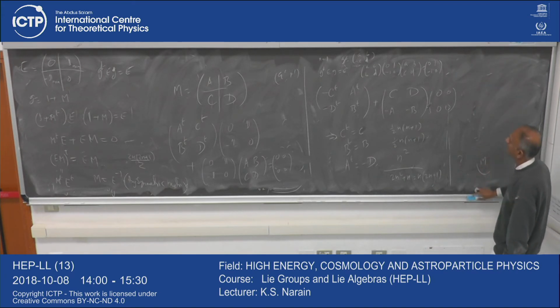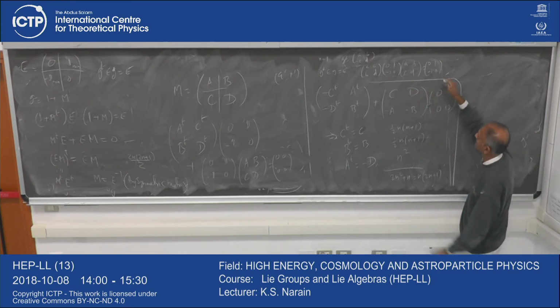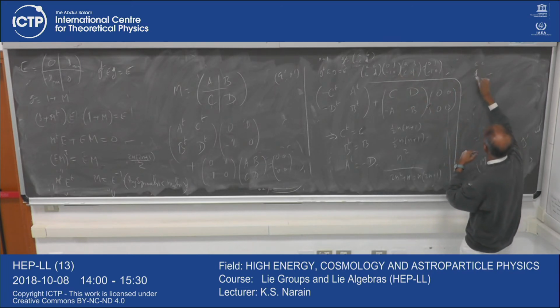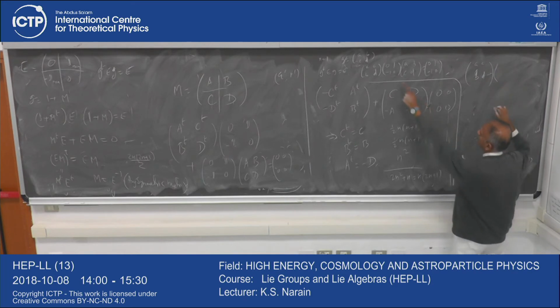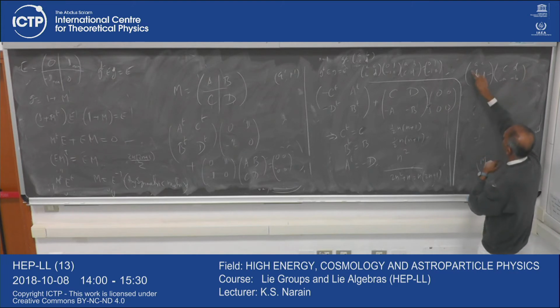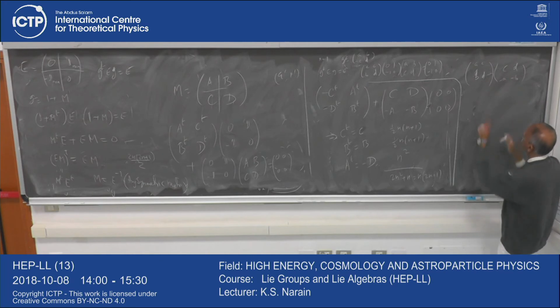Now if I just open this up, on the left hand side I first multiply this one: we have AC, BD times 0, 1, minus 1, 0, which gives C, D, minus A, minus B. Multiplying this out, you see this entry is 0, since AC minus CA is 0. This one gives you AD minus BC, this one gives you BC minus AD, and that one is 0.